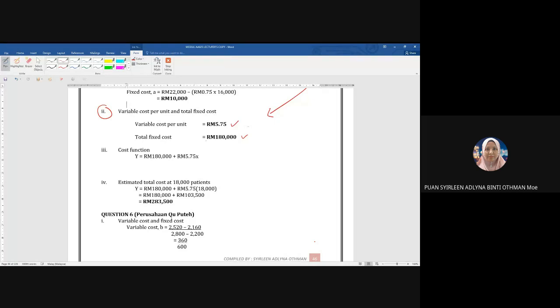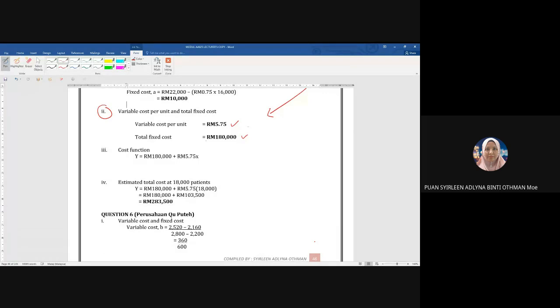Okay, the purpose is for you to estimate for July and August. Dia bagi information untuk 4 bulan dulu. So this one will help you to calculate the total for July and also for August. Now your highest point will be June. Your lowest point will be March.